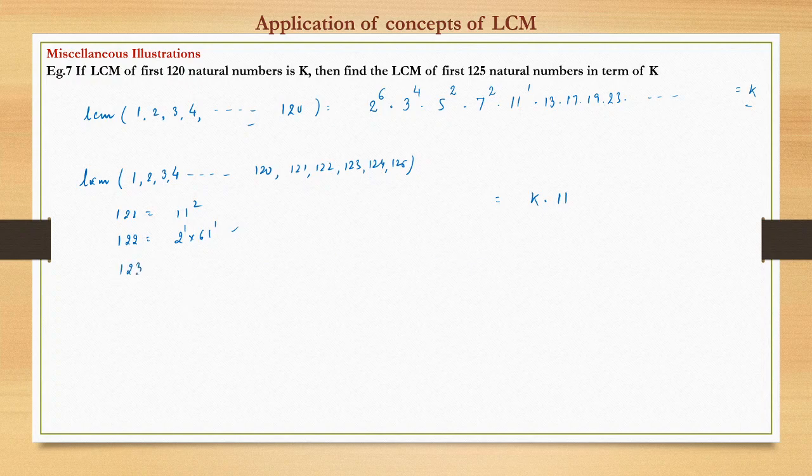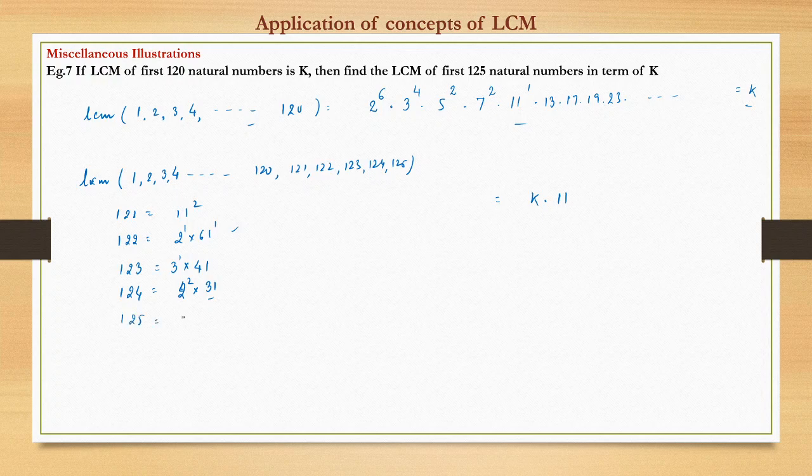Similarly, 123 is a multiple of 3, which we can write as 3 into 41. 3 raised to power 4 is there, so this is already consumed, and 41 would also be there in this K. So we need not do anything. Then 124 we can write as 2 square into 31, whereas we have 2 raised to power 6. So K already consumes this, and 31 also, so we need not add anything.